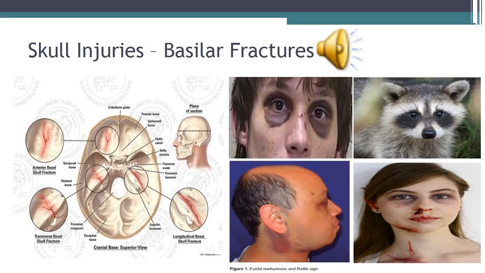If the fracture occurs at the anterior base of the skull, it can give the sign of raccoon's eyes, in which there will be bruises and pinkish discoloration around both eyes, resembling a raccoon's eyes, hence the name.